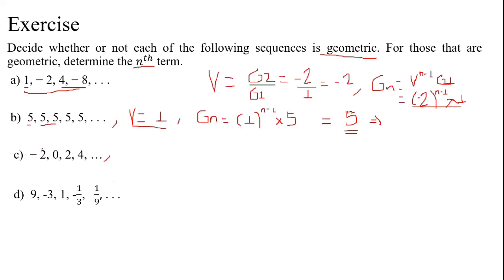And also we can take other terms. So 2 over 0 is not defined. So we can say that this is not a geometric sequence, because the common ratio R is not constant.